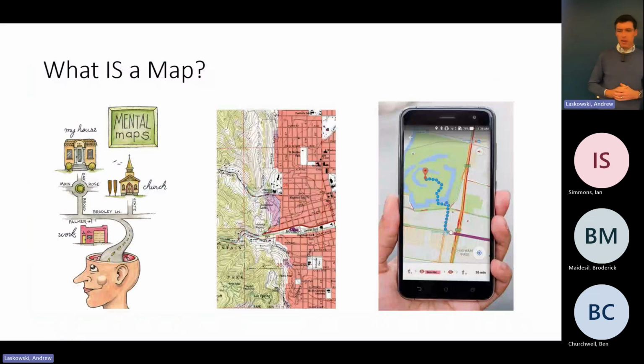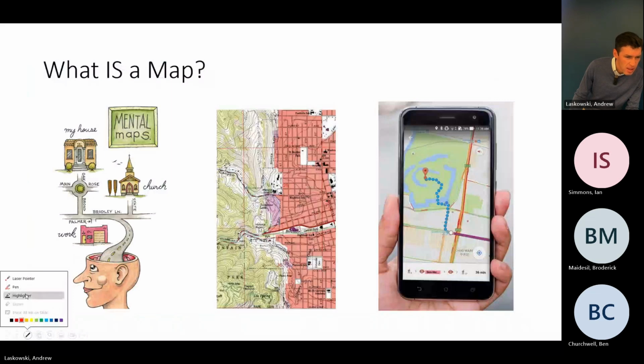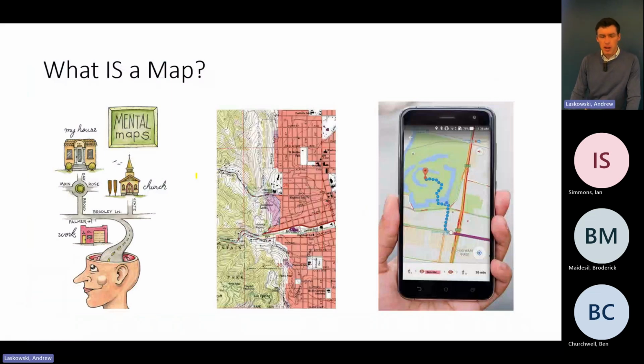We will also talk about the example in the middle here, which is a general purpose or a reference map. And finally, we'll talk about another type called a thematic map. And then we will also talk about dynamic maps today.